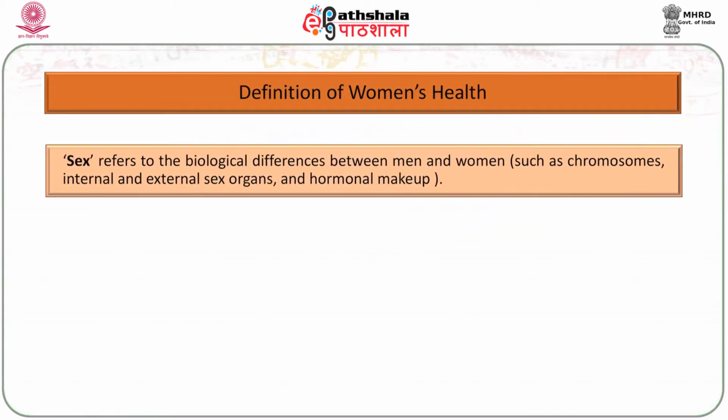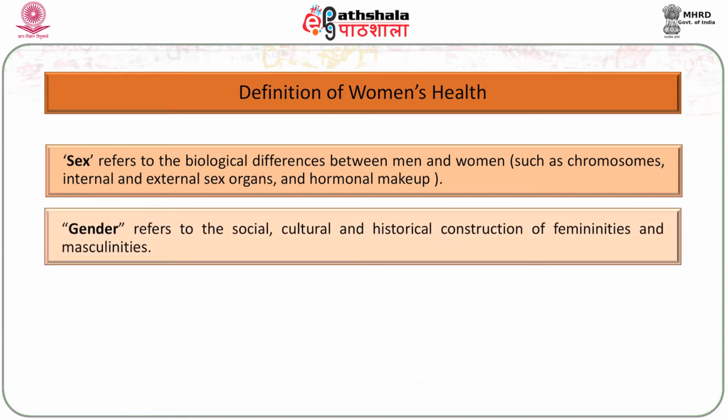Now, let us try and see what is women's health, and let us try and define it clearly, so we understand what are the issues that would be involved in the domain of women's health. First of all, we need to understand that sex refers to the biological differences between men and women. For example, chromosomes, internal and external sex organs, and hormonal makeups.